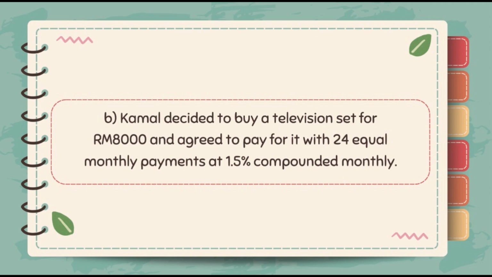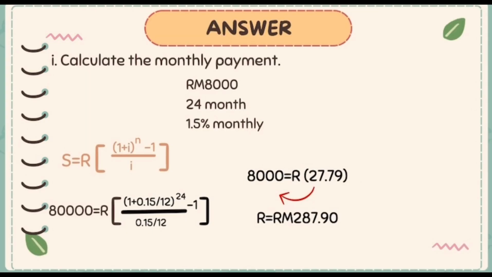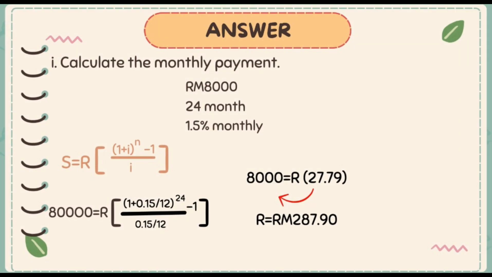So here's question B. Kamal decided to buy a television set for 8,000 and agreed to pay for it with 24 equal monthly payments at 1.5% compounded monthly. Like usual, we need to point out the points. So first is 8,000 for the television set and he agreed to pay for it with 24 equal monthly payments and 1.5% compounded monthly.